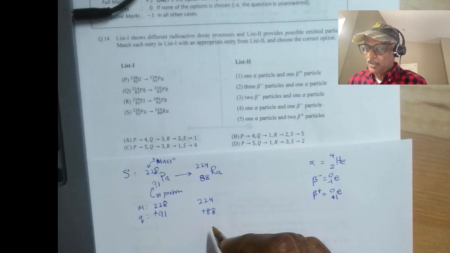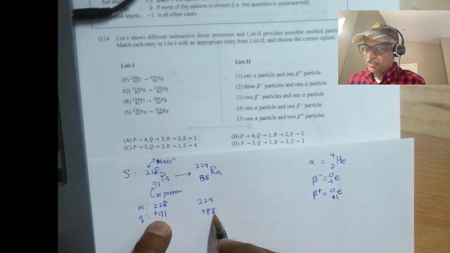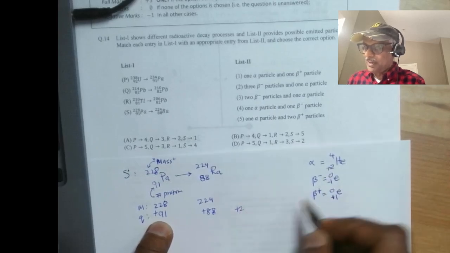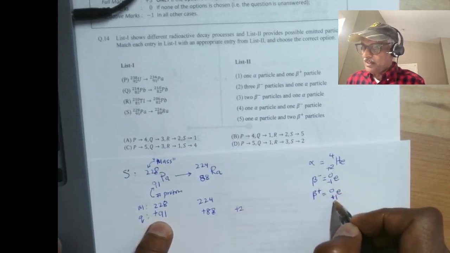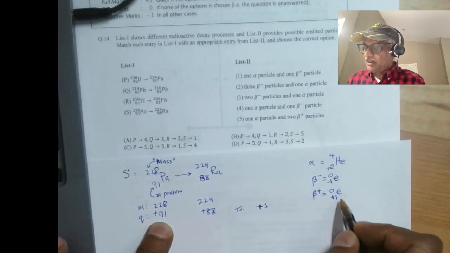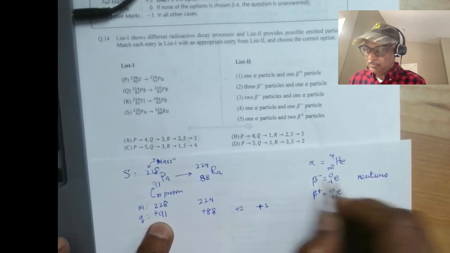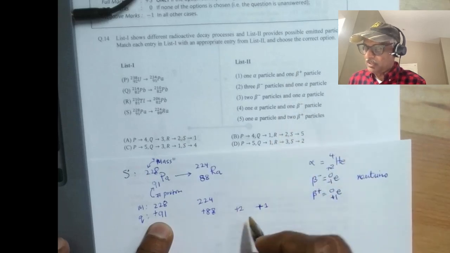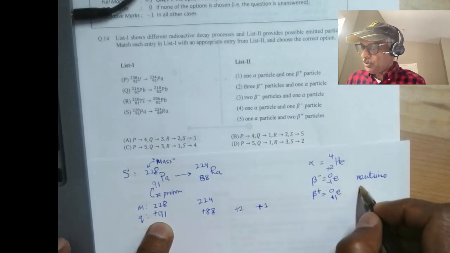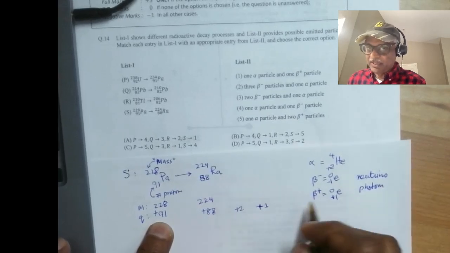So if I do a +2, I need another +1. There may also be neutrinos, which are not part of the list here, so I don't worry about it. There will be neutrinos or photons, like gamma rays, which are not part of this.